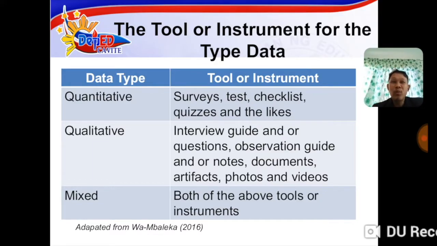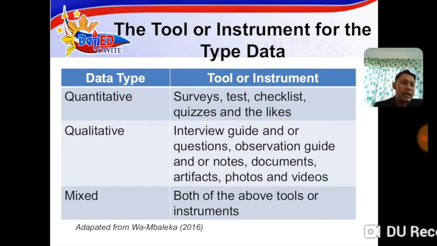For the tool or instrument that we're going to use for quantitative, we have surveys, tests, checklists, quizzes, and the likes. And of course, for qualitative, examples of the tools or instruments are interview guide or questions, observation guide and notes, documents, artifacts, photos, and videos that we could deduce actually qualitative data or qualitative information.